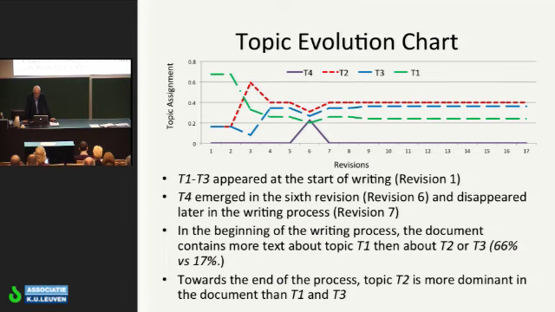the relative weight of a topic in a revision over time. And these are just test data we used, but they make for nicer graphics. I'll show you a real result in a second from our students' documents.